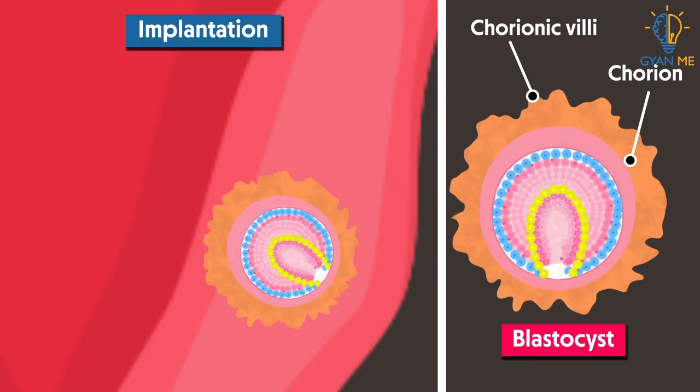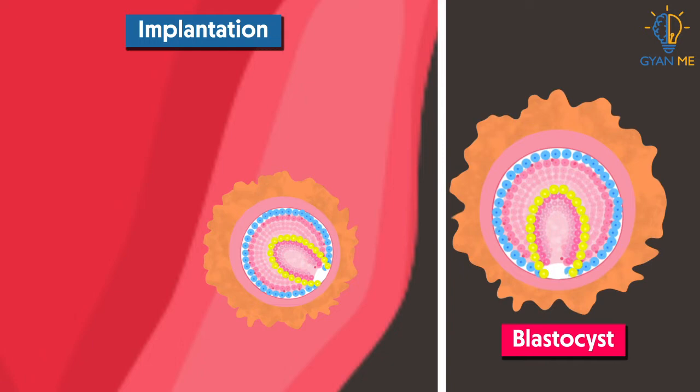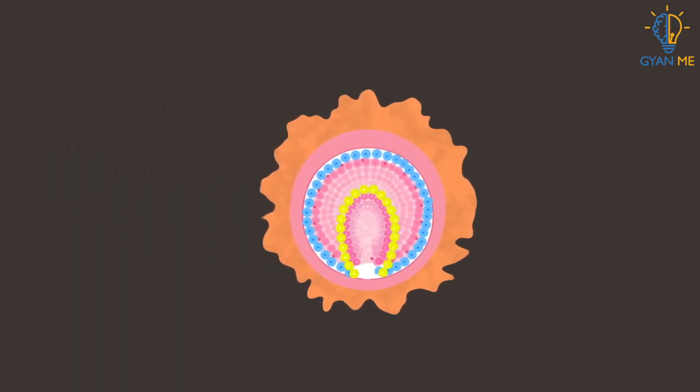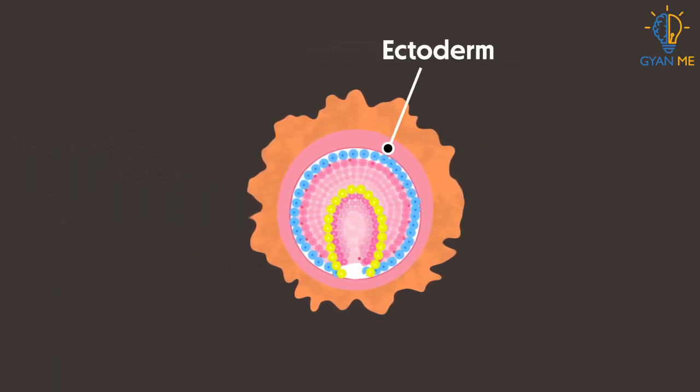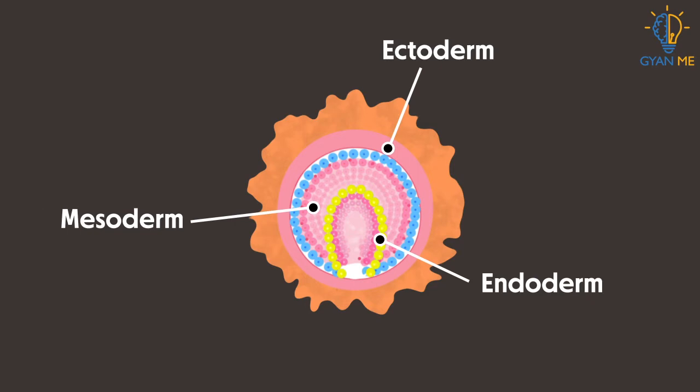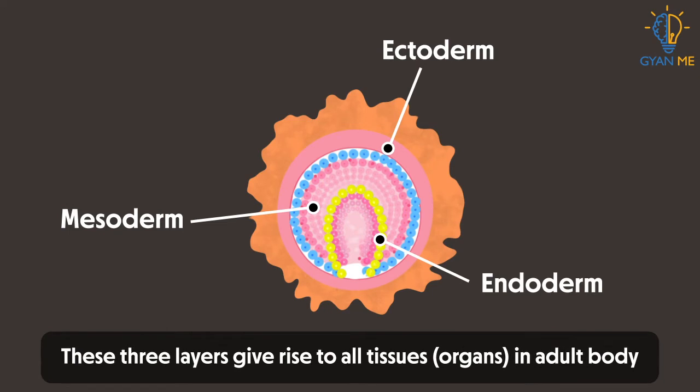while the cells of the inner cell mass form 3 layers of cells from which the whole human body will develop: an outer layer called ectoderm and an inner layer called endoderm. A middle layer, that is mesoderm, soon appears between ectoderm and endoderm. These 3 layers give rise to all the tissues and organs in the adult body.